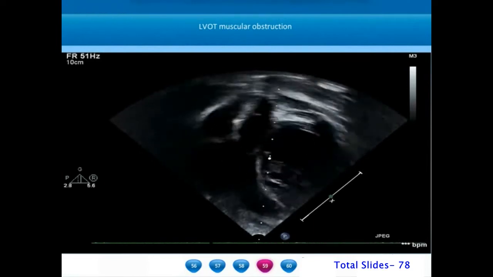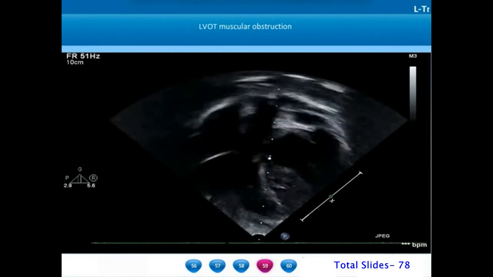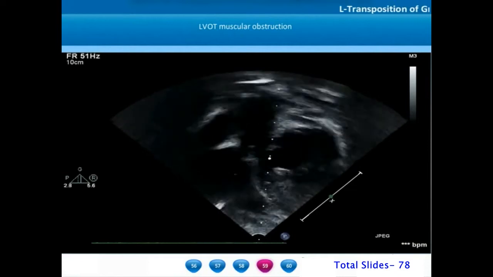All these can be acting as reasons of pulmonary stenosis in the setting of corrected transposition of great arteries.